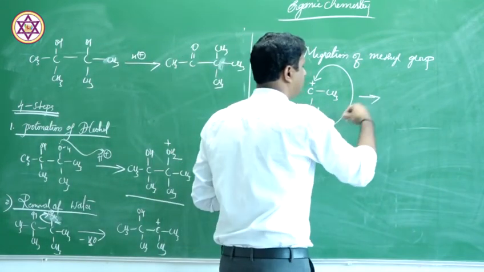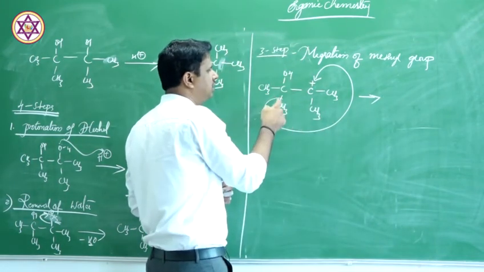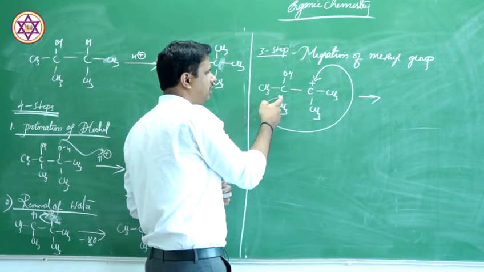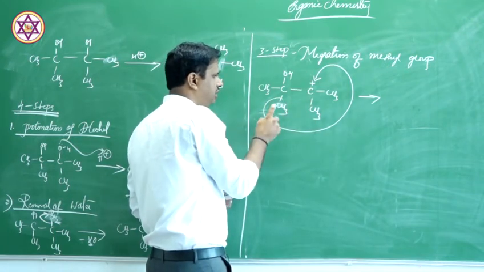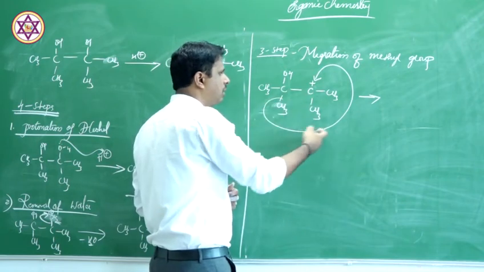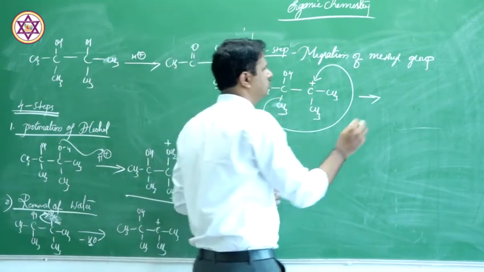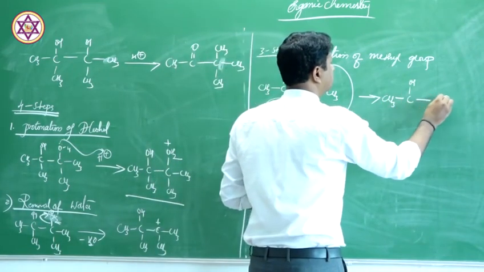Leading to the formation of, see, this is called migration. Migration of methyl group means the methyl group from this carbon is going to attach to this carbon. This arrow mark means that this methyl group is migrating from this carbon to this carbon along with the bonded electrons. So write CH3, write OH.